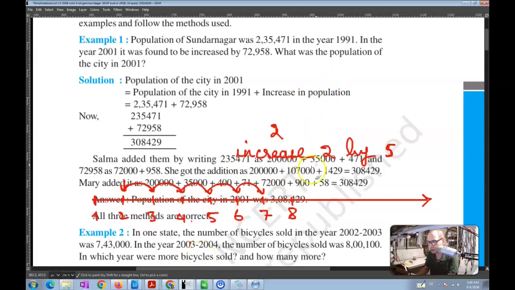To calculate this, you would write 2 plus 5 is equal to 7. So 2 has been increased to 7, by the amount 5.